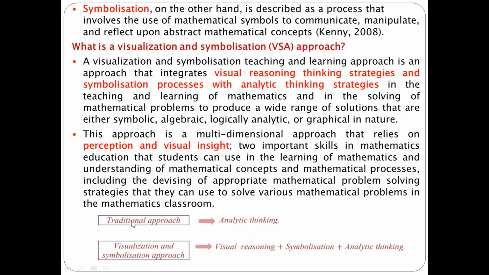So in comparison to the traditional teaching approach, in terms of the components of each approach, the traditional teaching approach was found by researchers to predominantly employ analytic thinking strategies only, while the visualization and symbolization approach also applies the analytic thinking strategies, and in addition to that, applies visual reasoning, thinking strategies, and symbolization processes.